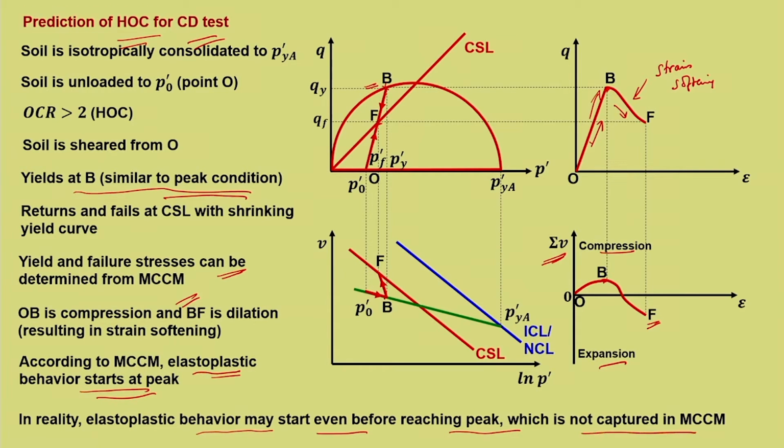Now, that is what we need to understand. All the time the model may not represent the actual behavior, but it is a fair good approximation by saying that the elastoplastic behavior more or less sets at the peak, because that is where the dilation would have started, that is the yielding would have started.